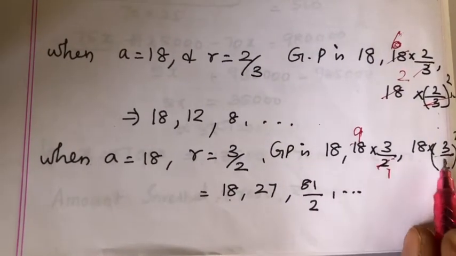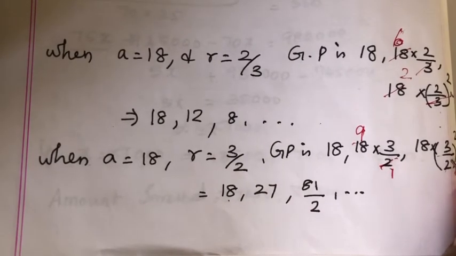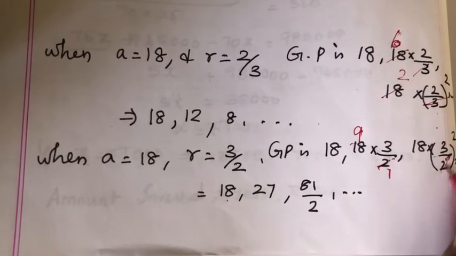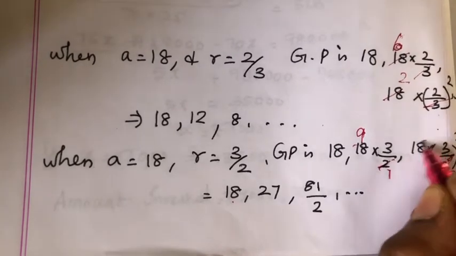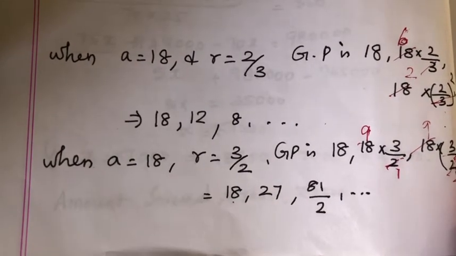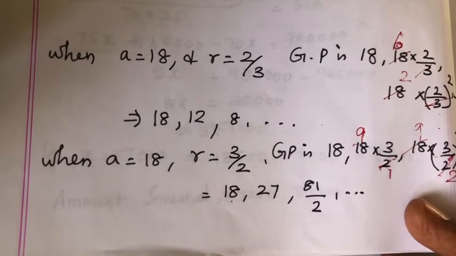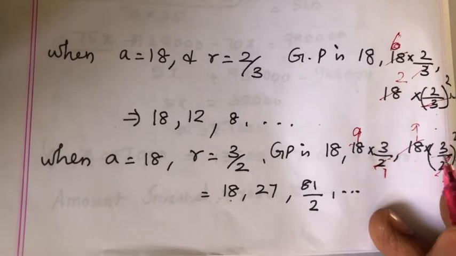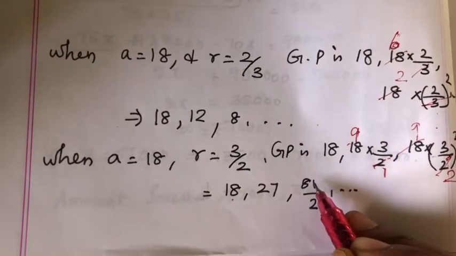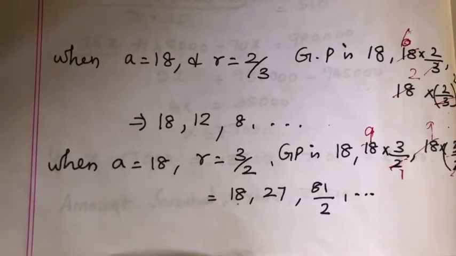So 18 into 3 square by 2 square. While simplifying this with 2, here 4 will come. So 2 2s are 4 and 2 9s are 18. Here already we have 3 square. 3 square is 9. 9 9s are 81. So 81 divided by 2.